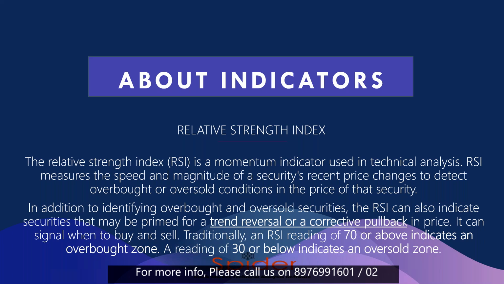And then we have 30. Below 30 is directly your oversold zone. There has been too much selling and it is trying to take a reversal, so you would majorly see an upside movement. So this is your Relative Strength Index.